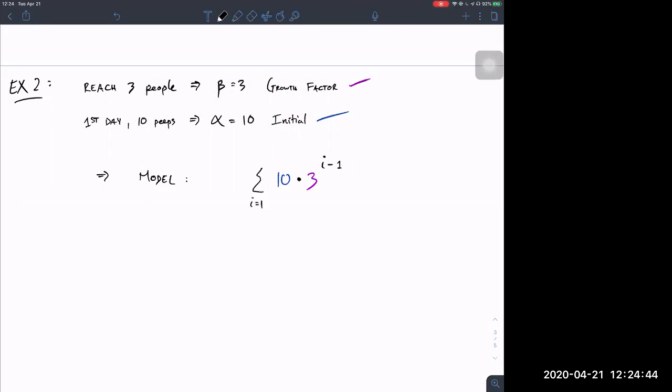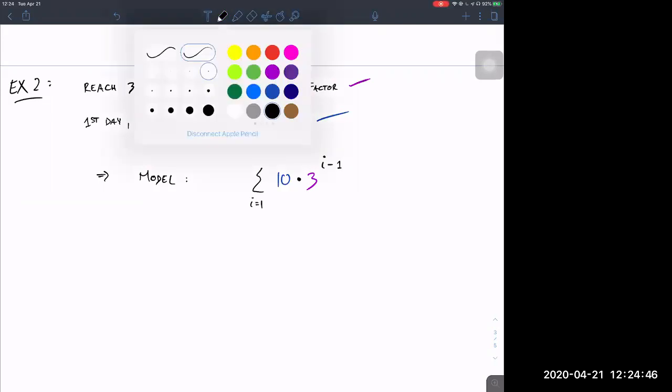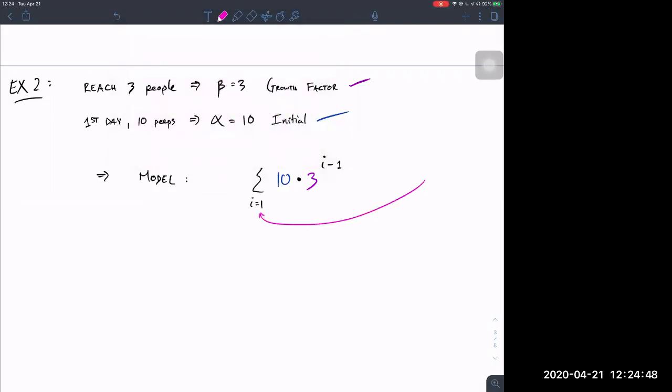I starts at 1. By the way, I'm going to write this here on the side. Our models always start at 1 for summations.